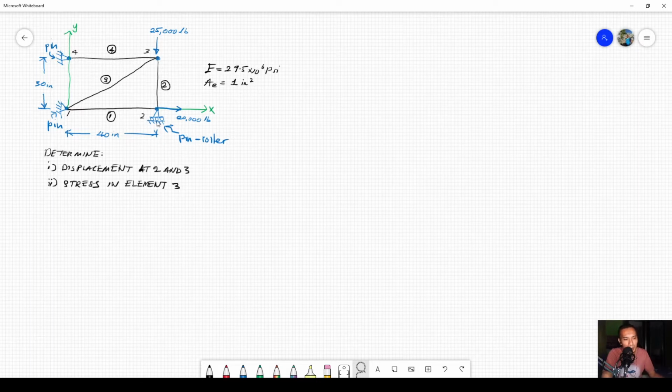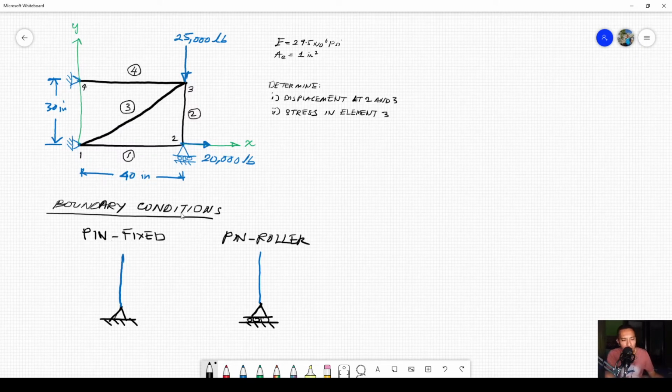Our problem here is to determine, one, the displacement at node number 2 and node number 3, and two, the stress in element number 3, which is this particular element.